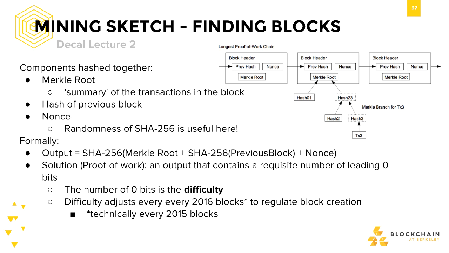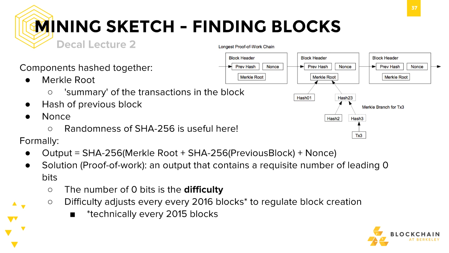You have the Merkle root, and you take a hash of the previous block. So this makes each block depend on the previous block, and you have a nonce. This nonce is essentially the solution that you're looking for. Nonce stands for number used once. When you're trying to solve this math problem, you concatenate the Merkle root, the hash of the previous block, and the nonce together. Then you run this through the function SHA-256 to try to find an output that has a prerequisite number of zeros.